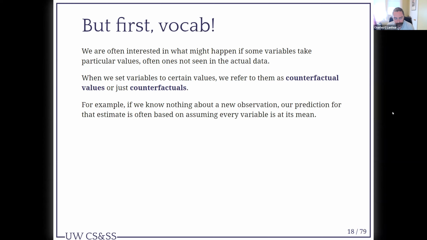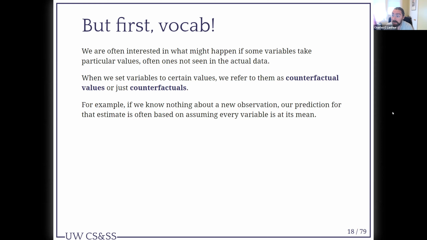Okay, so for example, let's say we knew nothing about a new observation of data. If we were going to get some new observation of some particular process that's occurring, our prediction for that estimate might just be assuming every variable in our model is at its mean. We might say, well, if I know nothing about an observation, I'm going to assume that they are as close to average as I can, because maybe that will make me least wrong on average.